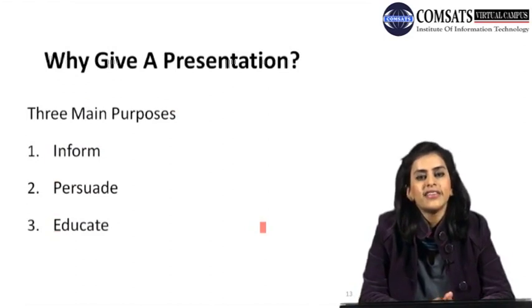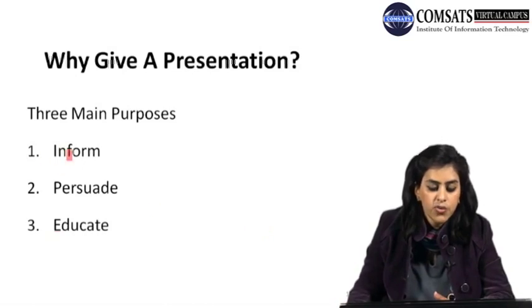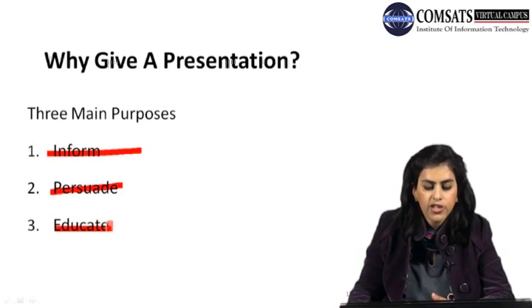Another thing that you are supposed to see is why we should deliver a presentation to a specific group of people. There are three major purposes of delivering a presentation. The first one is to inform, the second one is to persuade, and the third one is to educate.